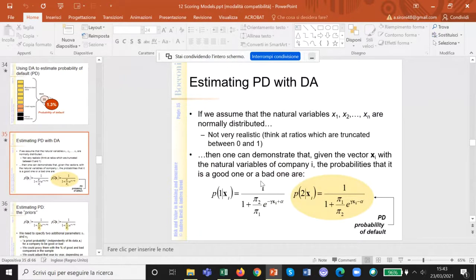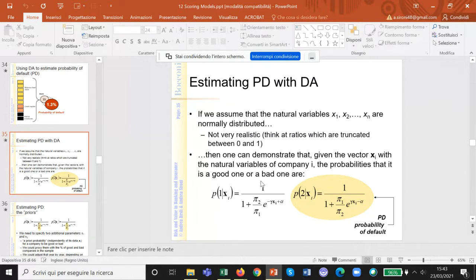However, theoretically, we could compute directly a probability of default. But in order to do that, we have to first estimate so-called prior probabilities.